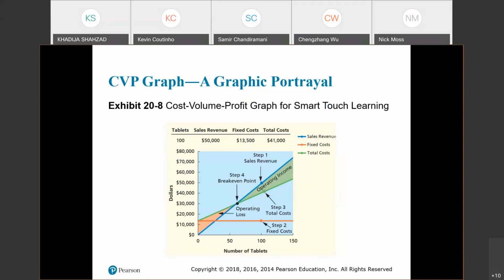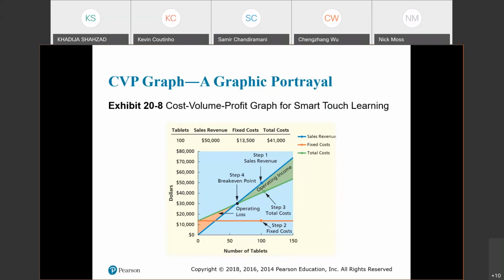And in this graph, the orange line indicates the fixed cost. The orange line is constant at a level of more than $10,000.